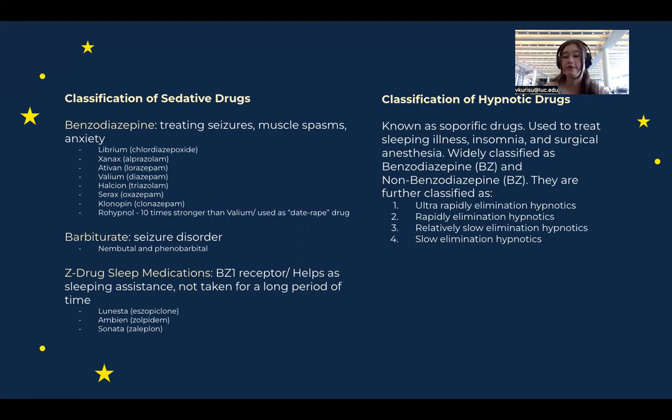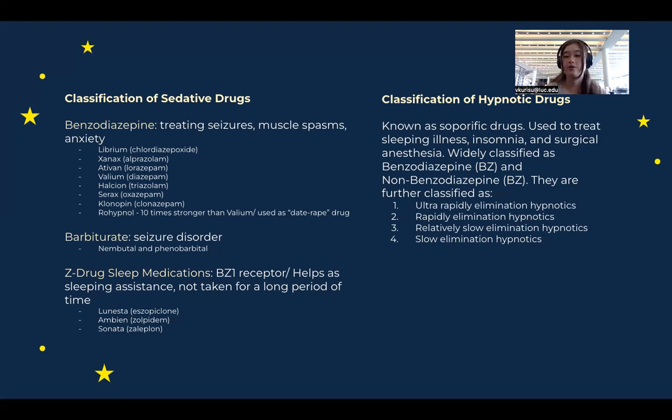Then for the classification of hypnotic drugs, these are also known as soporific drugs, and they're used to treat sleeping illness, insomnia, and surgical anesthesia. They are also widely classified as benzodiazepines and non-benzodiazepines, and they can further be classified as 1, ultra-rapidly eliminated hypnotics, 2, rapidly eliminated hypnotics, 3, relatively slowly eliminated hypnotics, and 4, slowly eliminated hypnotics.